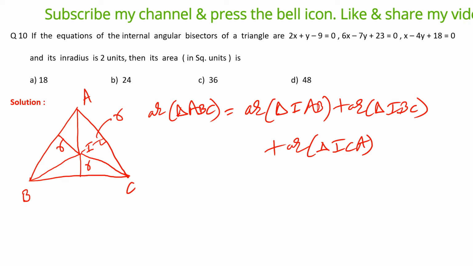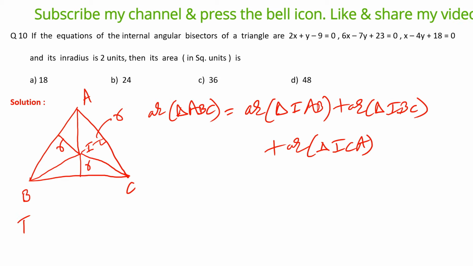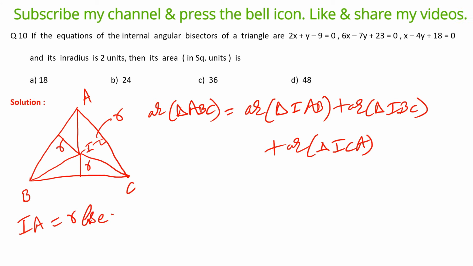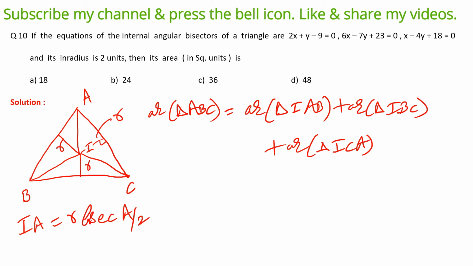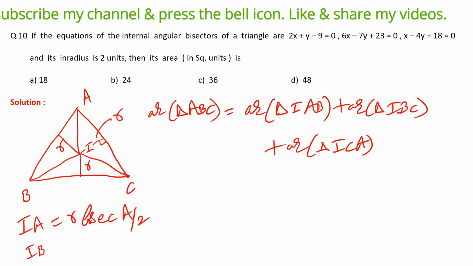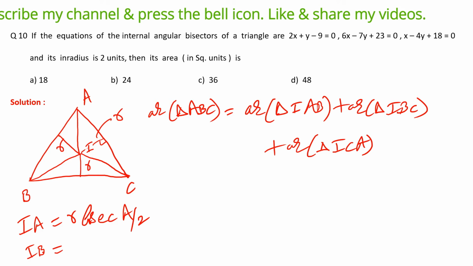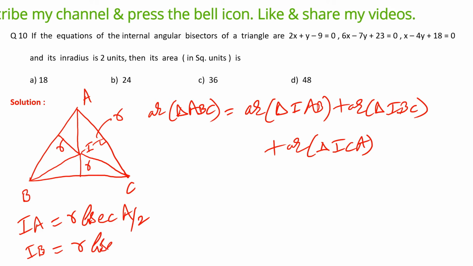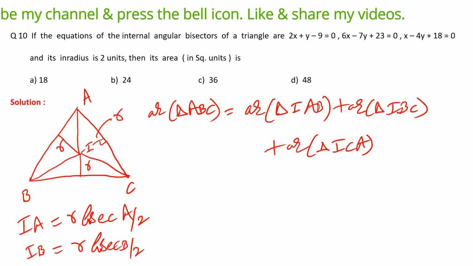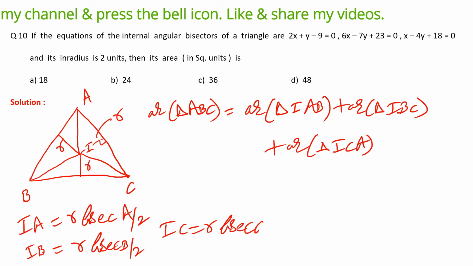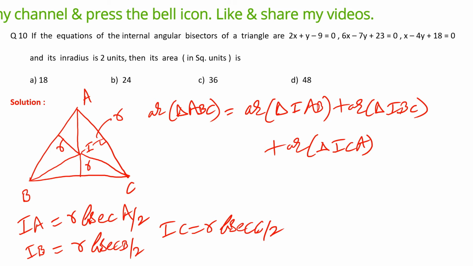Now just see here, IA will be small r into cosecant A by 2. You can easily get this value by using basic trigonometry. Similarly, IB will be r cosecant B by 2, and similarly IC will be r cosecant C by 2, right?